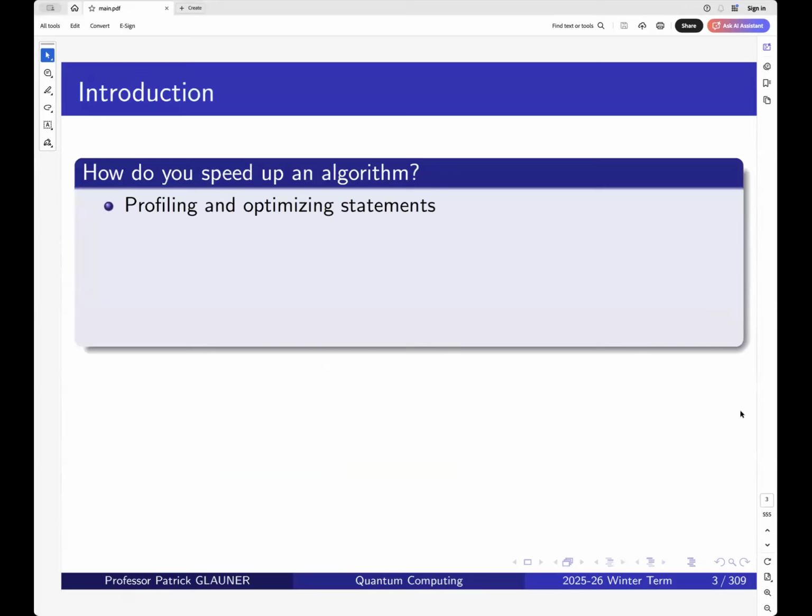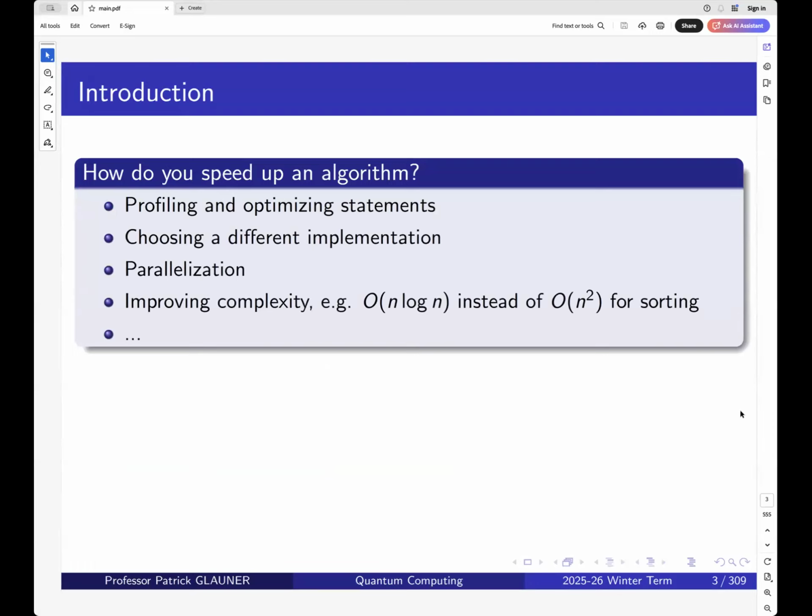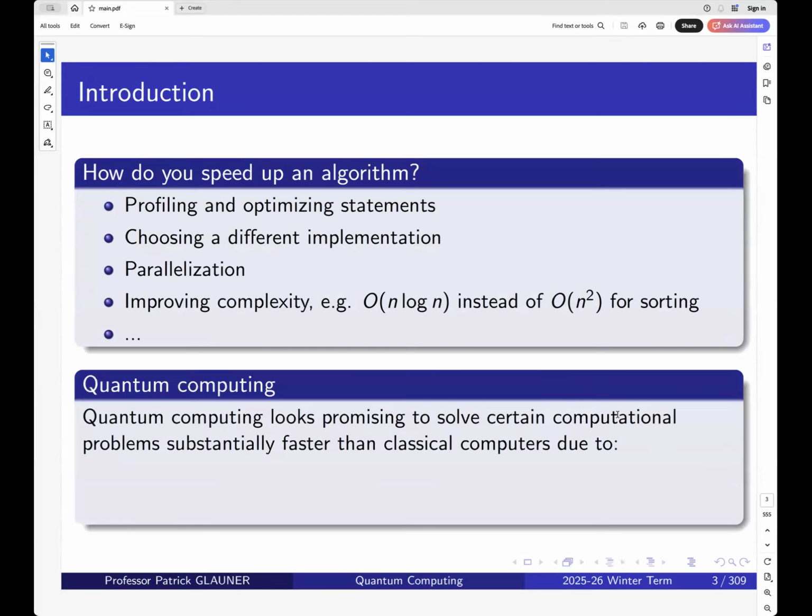Last week we discussed how we can actually speed up an algorithm, and achieving a better complexity is one of many options. That's what we're aiming to do in quantum computing: we want to solve certain computational problems much faster than classical computers could, by using quantum parallelism, which can lead to improved complexity classes.